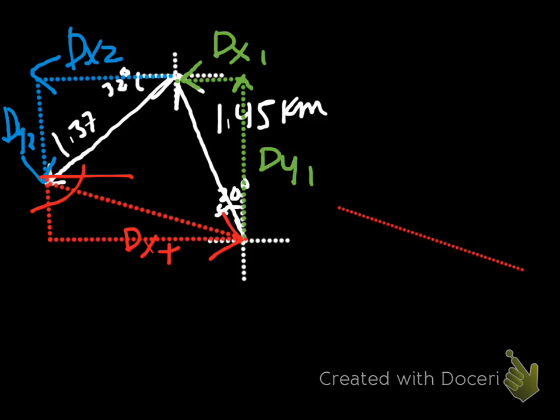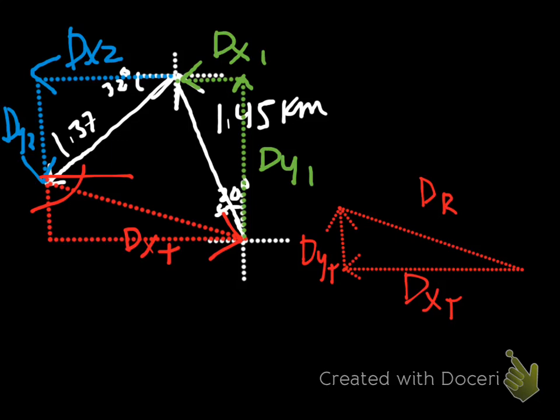Okay, so if we look at the resultant triangle, whether it's going home or your overall displacement, this is still your total x displacement, this is still your total y displacement, and this line is still your resultant.